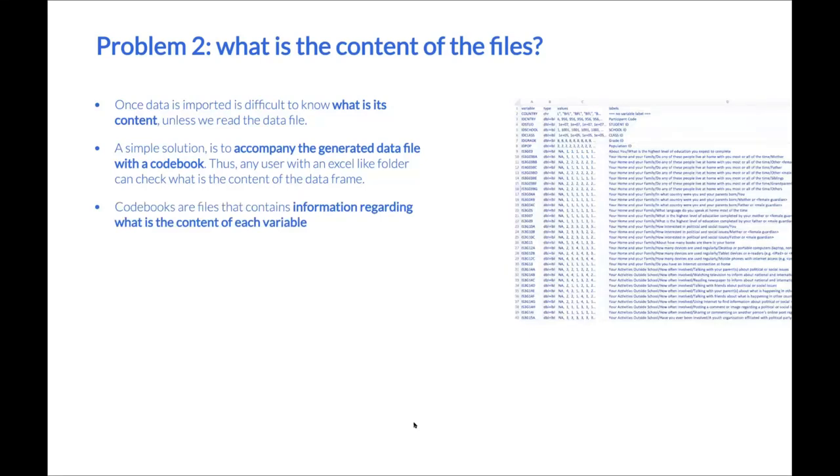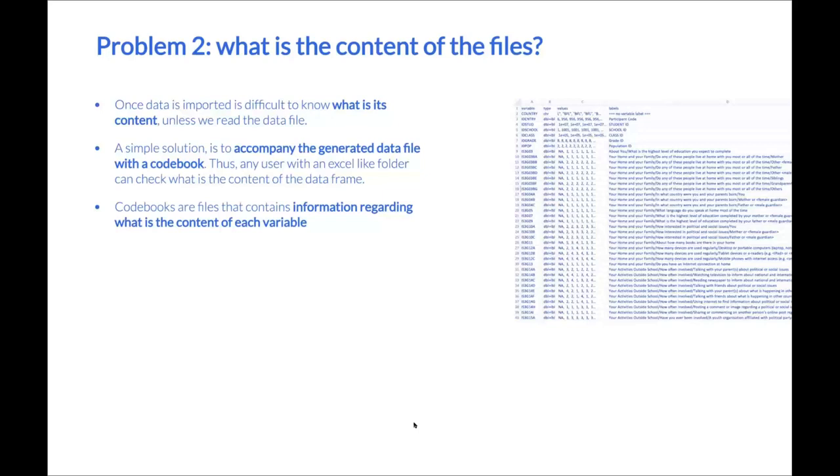A simple codebook is just going to contain, for example, the list of variables, the type of variables that the data frame contains, and a short description. When we create a data frame with SPSS, Stata, SAS, or any other statistical package, there is no guarantee that any other user could open those files unless they have that statistical package installed on their computers.